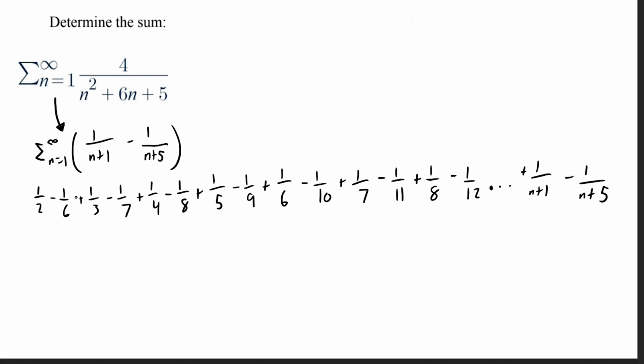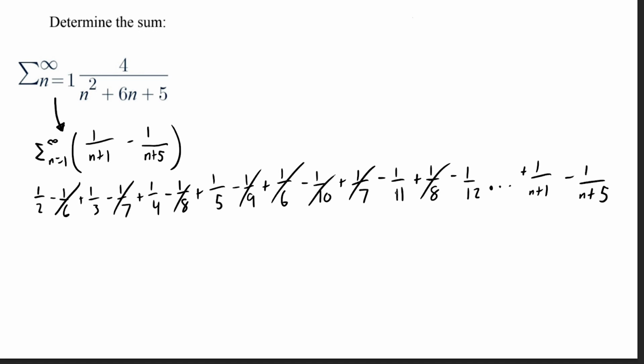You might be able to see that the subtracted terms always get canceled out later down the line by the positive terms. So the -1/6 gets canceled by the +1/6, the -1/7 by the +1/7, the -1/8 by the +1/8, etc. And so all of these subtracted terms are going to end up getting canceled out by the positive terms, which also means that all the positive terms are getting canceled out.